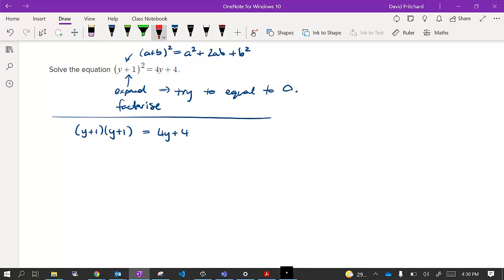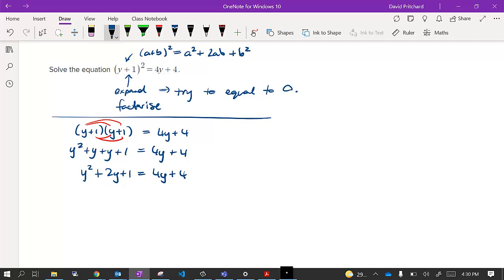If we expand this out the long way, then we've got y times y, which is y squared, y times 1, which is y, 1 times y, which is y, and 1 times 1, which is 1, and that gives us y squared plus 2y plus 1.